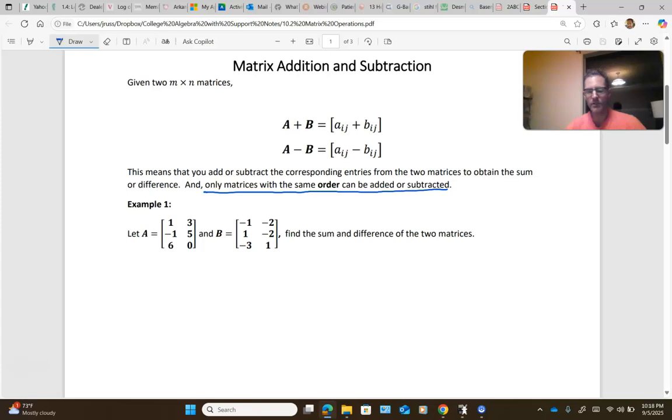Matrices, guys, they're used a lot in physics. They're used to identify the position of an object, the position of a particle. They're used to represent things called vectors in physics, so you may have heard of those before. They're used a lot in computer graphics or any sort of graphics.